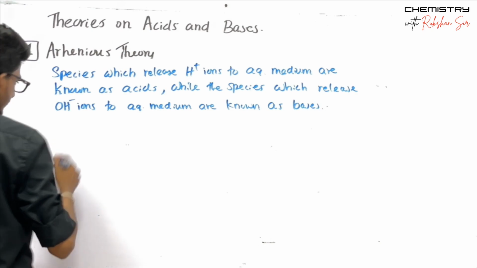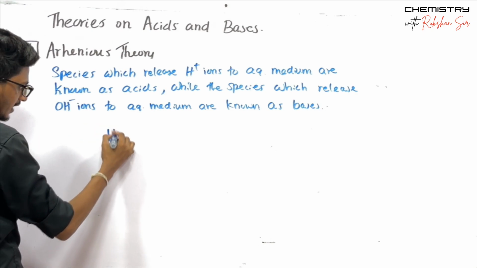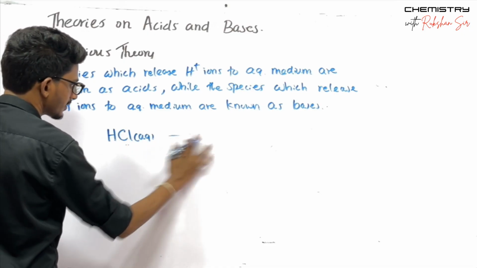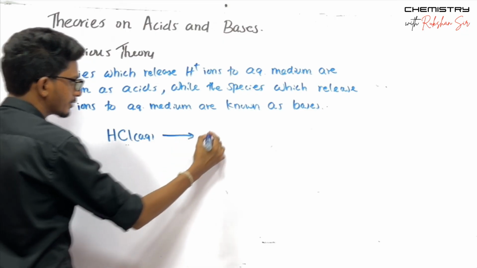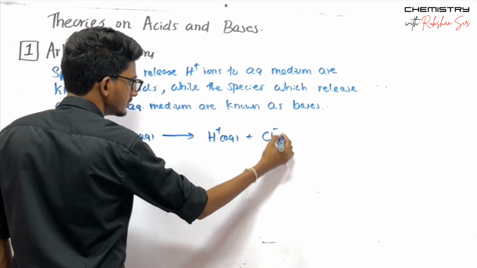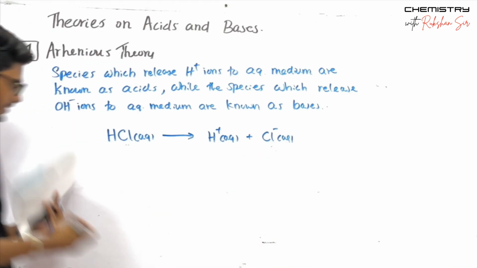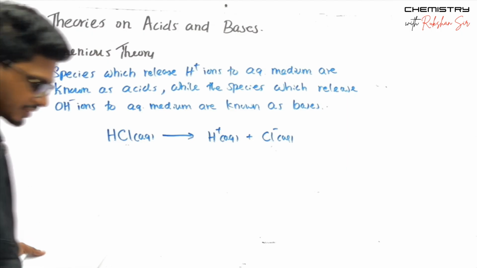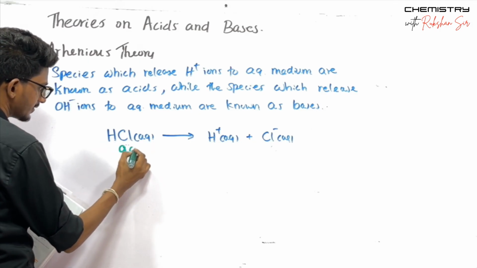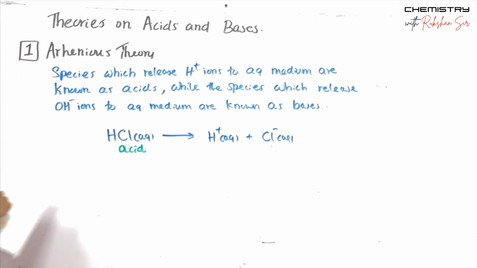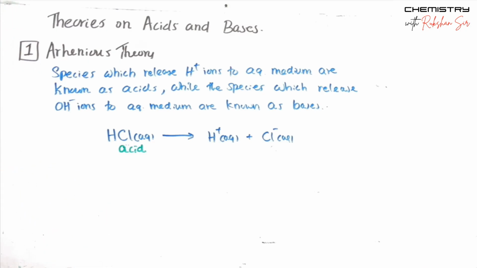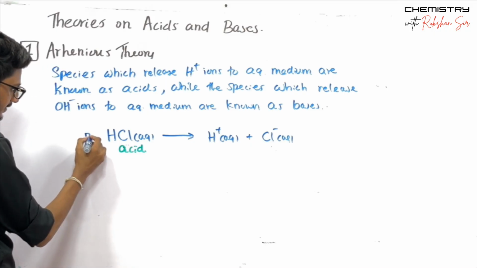So we can say HCl is a kind of acid. HCl in aqueous solutions releases H plus ions to the medium. So HCl, as it releases H pluses to the aqueous medium, can be referred to as an acid.